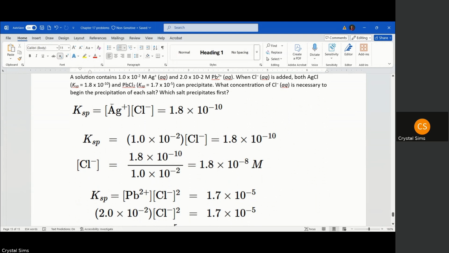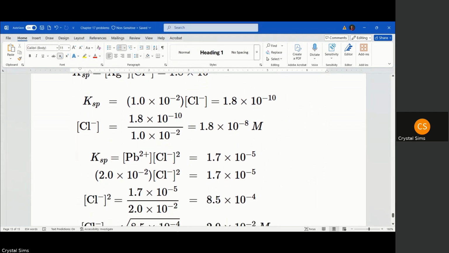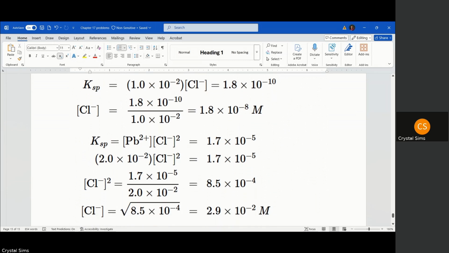So we take our lead, 2.0 times 10 to the negative 2, that came from the problem right here, plug it in. And this time, when we solve for Cl squared, or the Cl, it's raised to the second power, we have to take the square root. So we need 2.9 times 10 to the negative 2 moles per liter to make the lead-2 chloride precipitate out. So we have to have an excess of that.